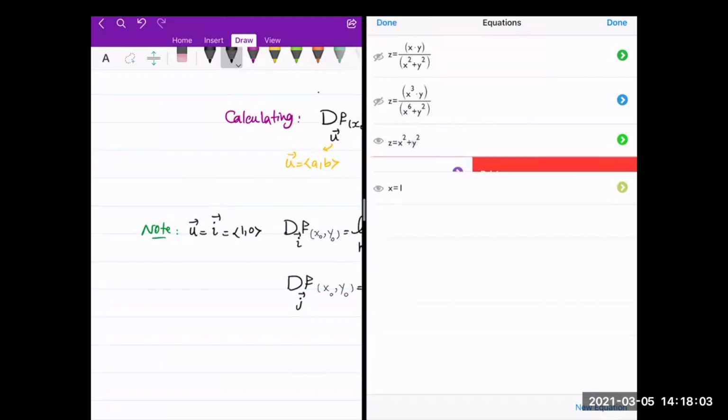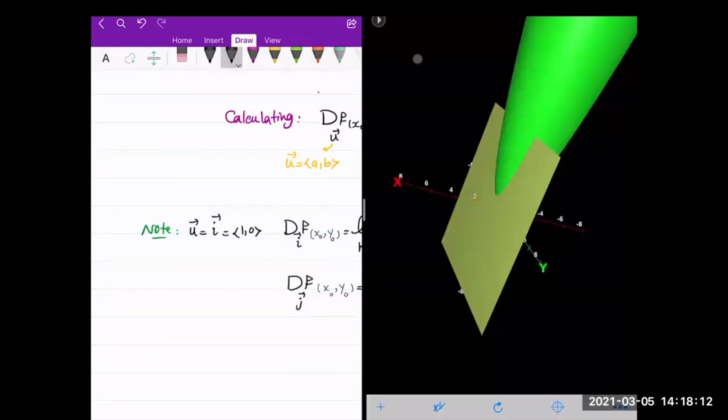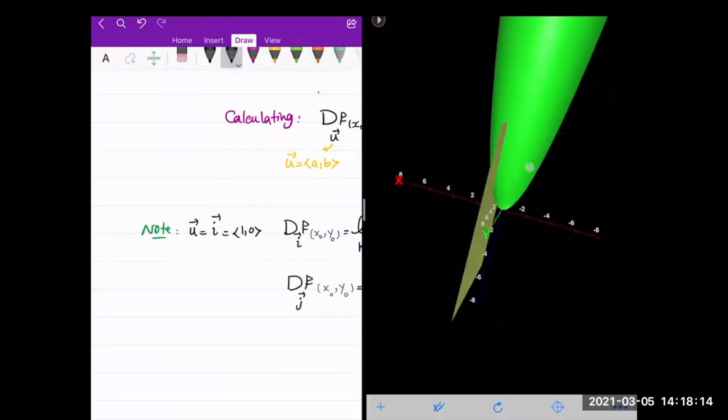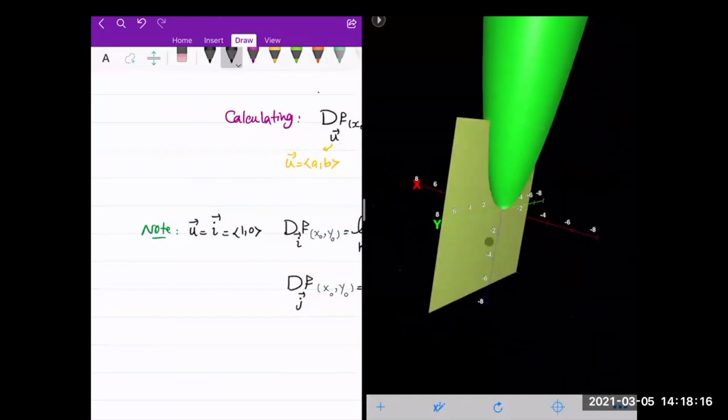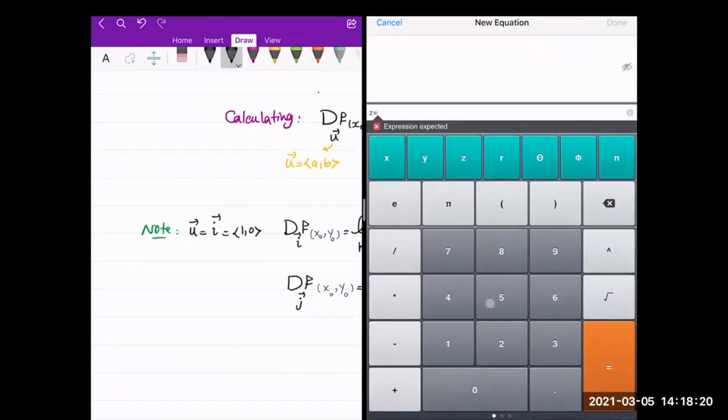Let me erase these ones. These are distracting. So we have z equals x squared plus y squared, this one. And you see, I would like to take the derivative in the direction of this, for example.